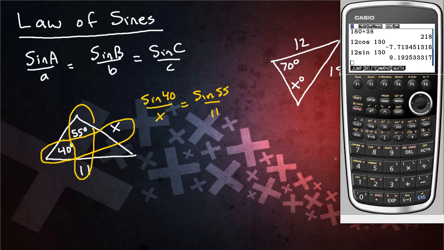Make sure that you are in degree mode. And I am. So I'm going to go ahead and type in sine of 40. And you always want to keep one more decimal place than you're told to round to.